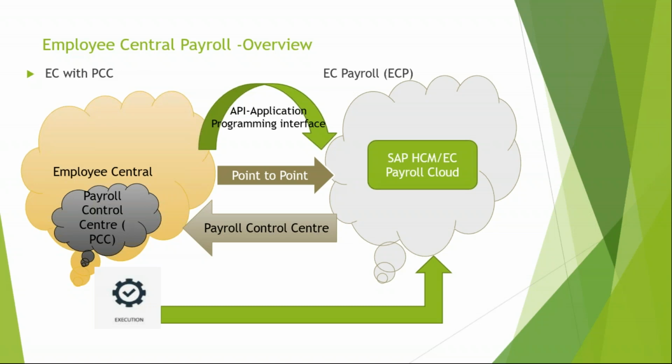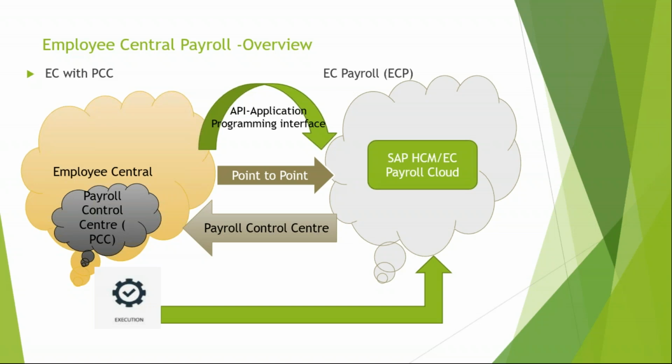Once you map, then based on the data maintained in the EC, that will be replicated from EC to ECP. For example, I have maintained ABC as a pay component for one employee. The value is 10,000.